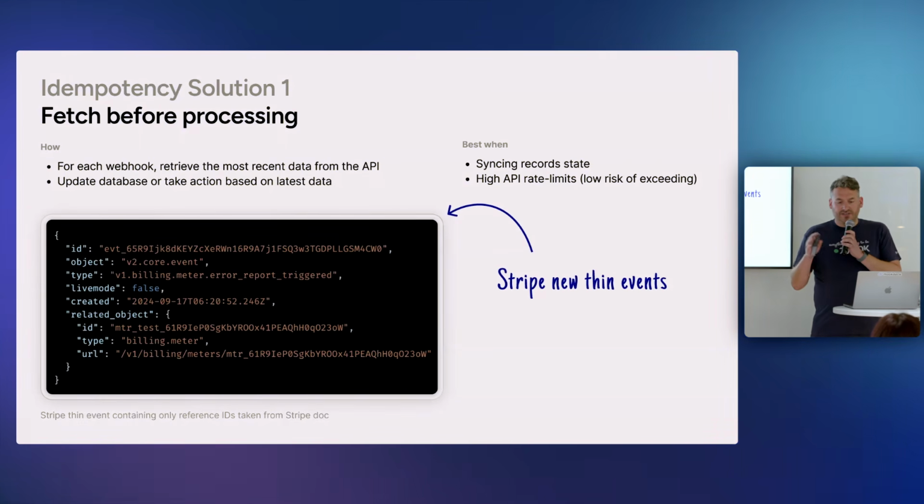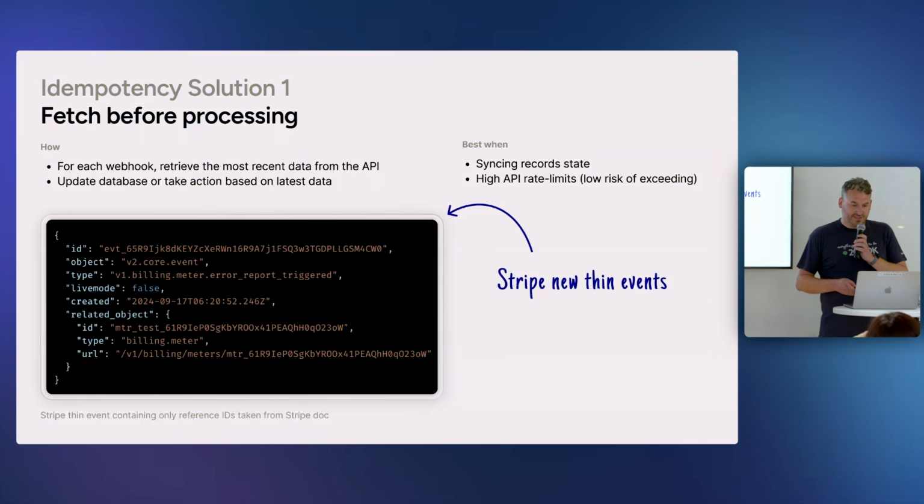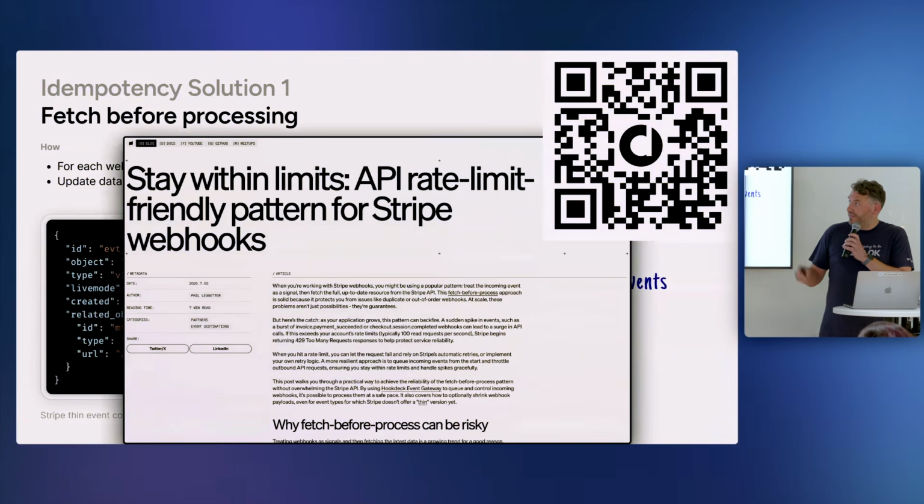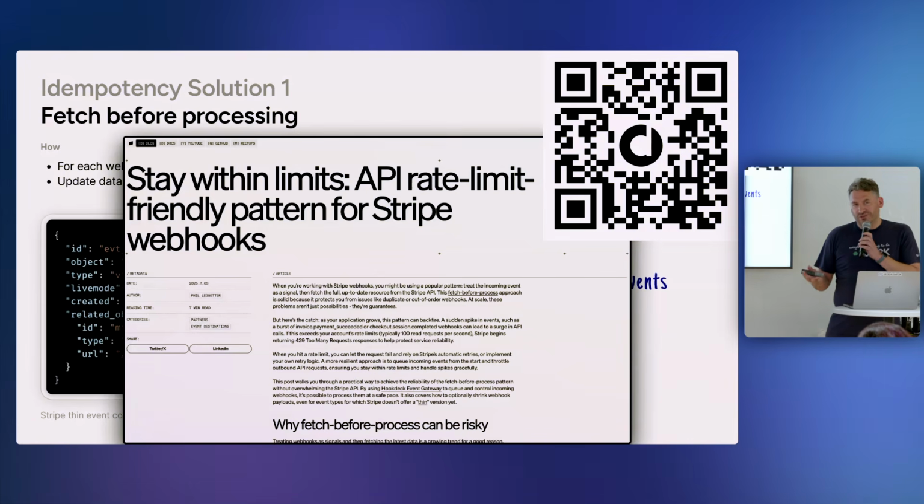This is also only useful if you care about that current state because you're not persisting it. I wrote on stripe.dev about this approach and how you can use Hookdeck to solve it. If that's of interest, there's a resource on stripe.dev.